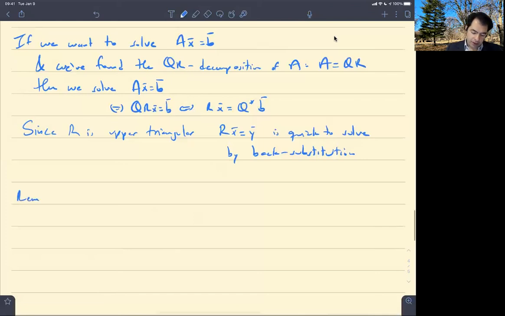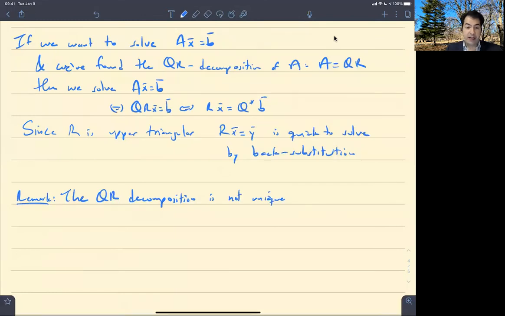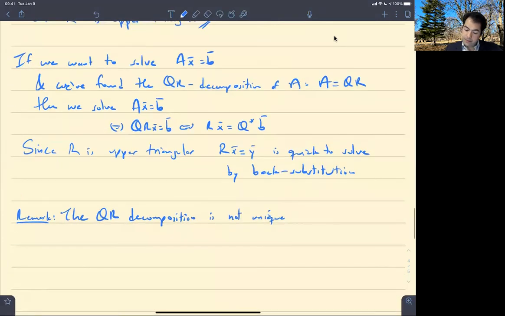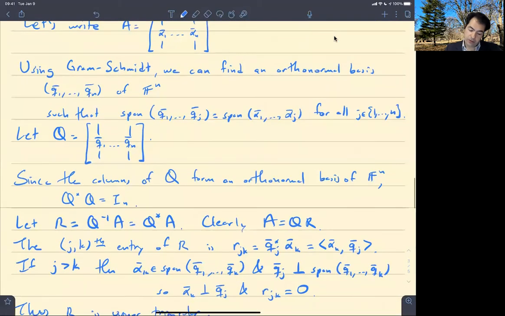Let me remark that even here with invertible matrices, the QR decomposition is not unique. And there's a very simple reason for that. It's just an ambiguity in how you might have done Gram-Schmidt.